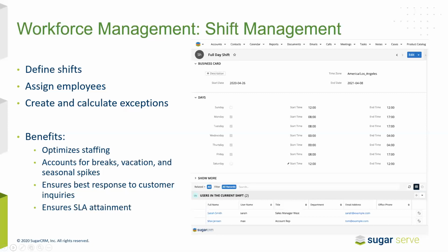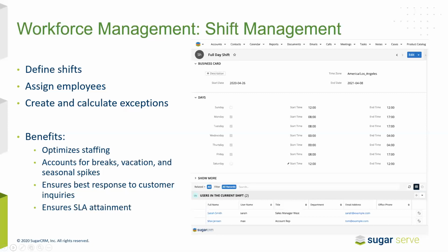And the idea here is this sets us up to add a bunch of other capabilities, but it gives the customers the ability to optimize their staffing, because they can see how well they're staffed on each shift and how well they're staffed at any given hour of the day across regions.